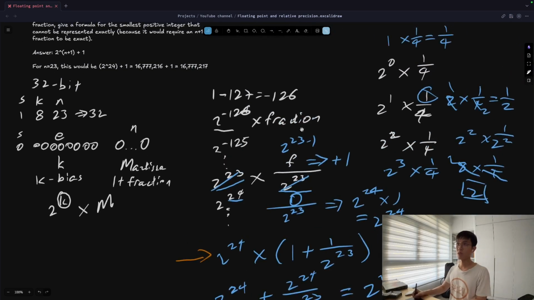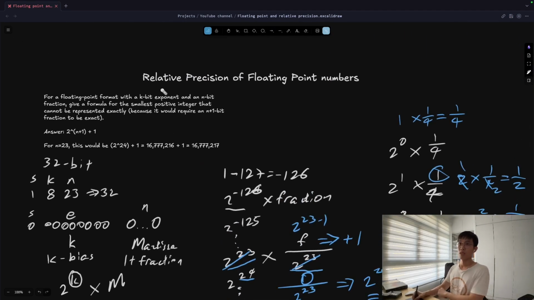And this brings me back to the relative precision of floating point numbers. And I think this is the interesting property that I wanted to share, and also how it works in floating point because of how the representation is.